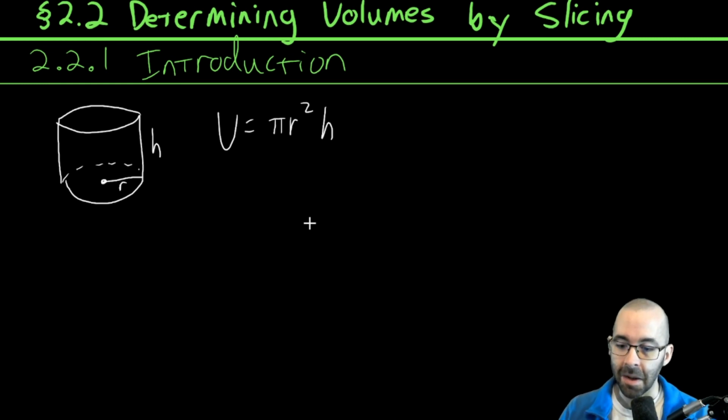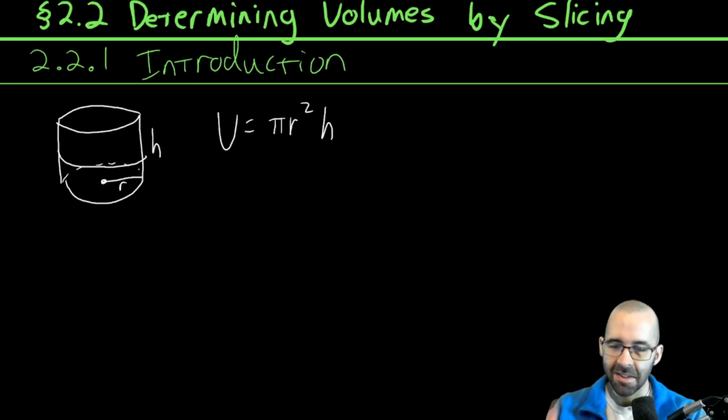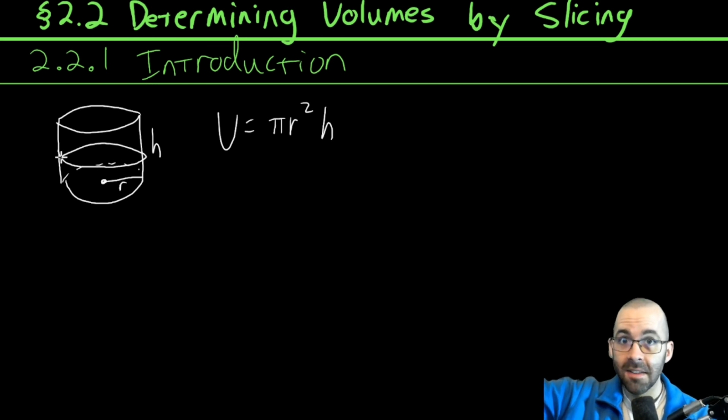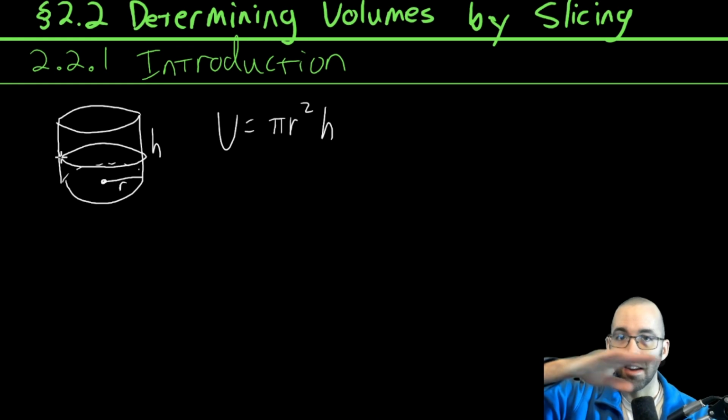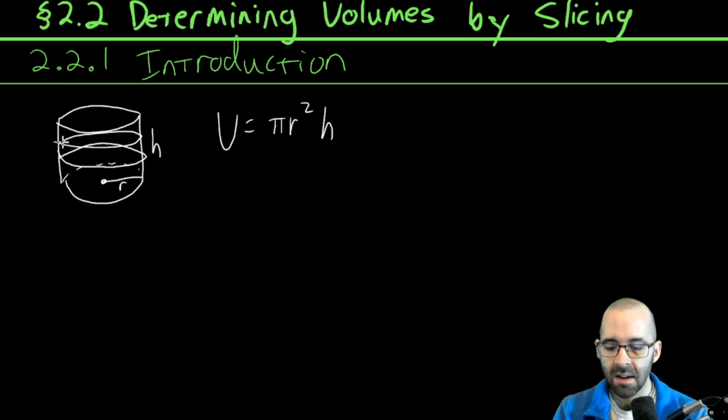So what we're doing in this section is what happens if this area is not the same all the way up. Every single cross section, in other words, if I slice horizontally on here like a cake, then that should all be the same circle, no matter where I slice, right?